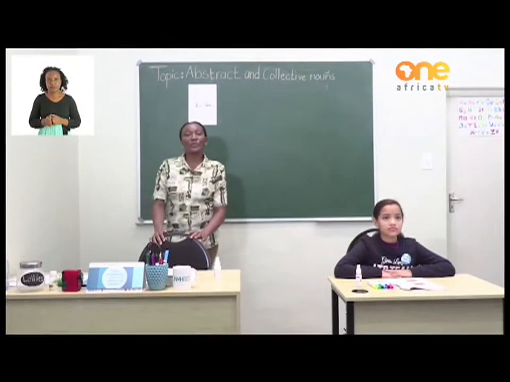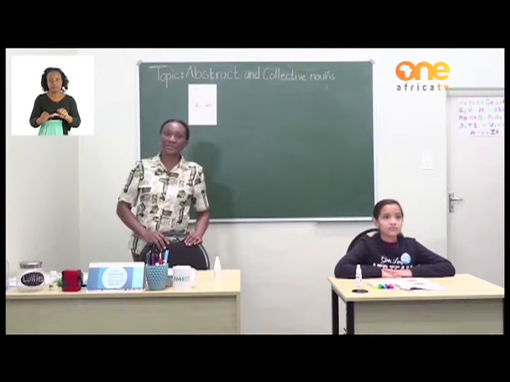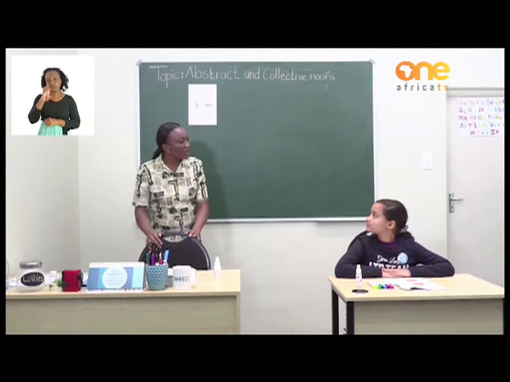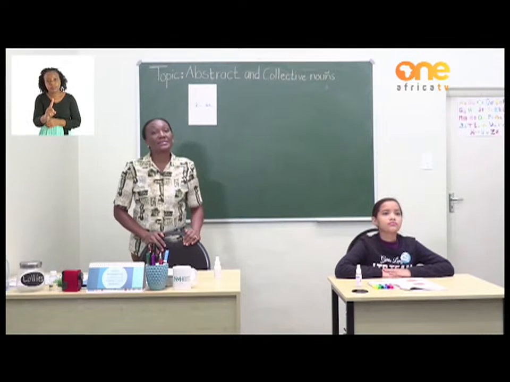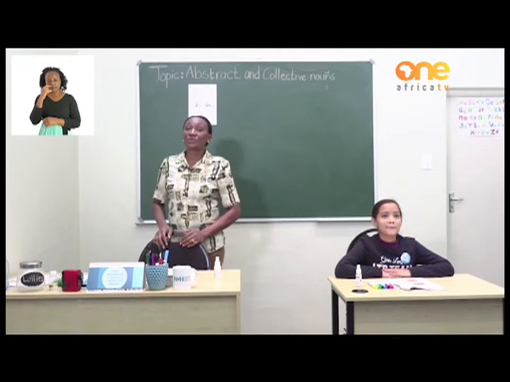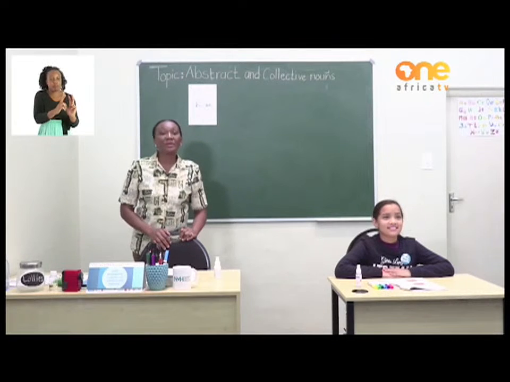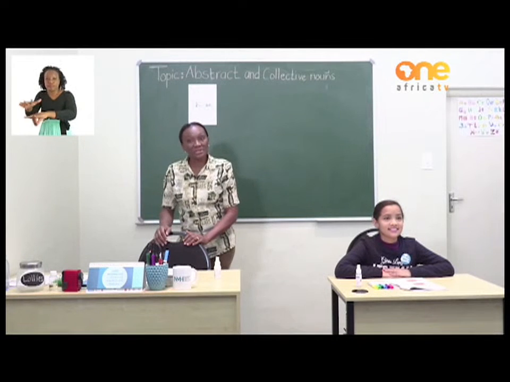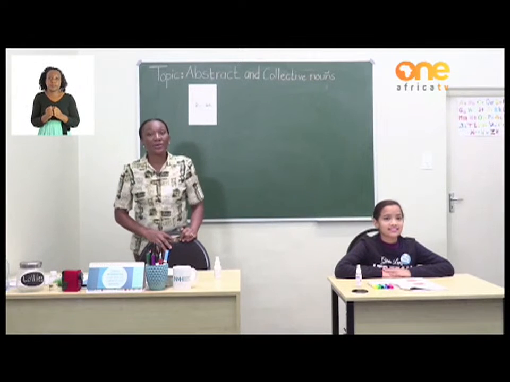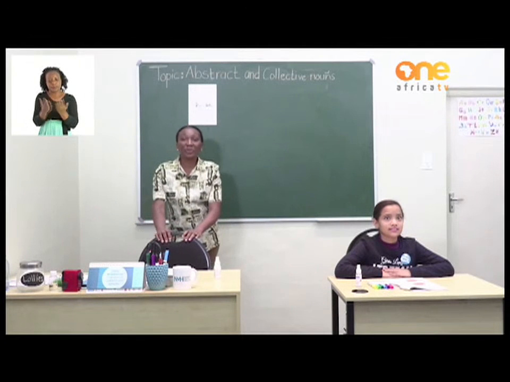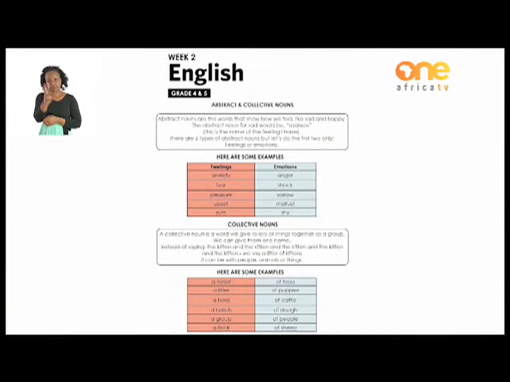We are going to move on to collective nouns. What is a collective noun? A collective noun is a name we give to a group of people, a name we give to a group of animals, and a name we give to a group of objects. Now, we are going to look on page 16.